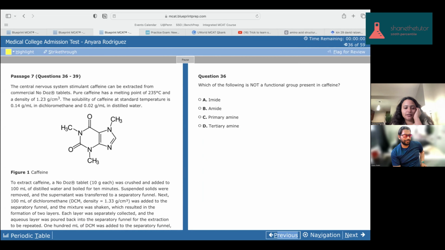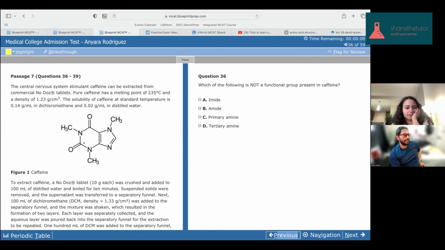Show me where. Here. Can you show me this specific amide bond? Here. Do you have any others? Here. Keep going. Here. Good. So we have three amides.